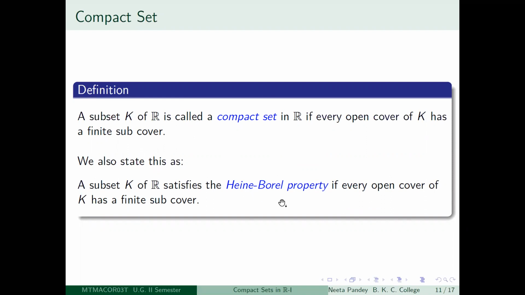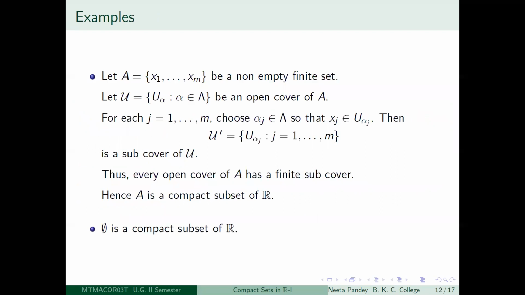The reason for this is the Heine-Borel theorem, which we will see in a subsequent lecture. But right now, let us just focus on this. So what am I trying to say? Whatever open cover of capital K you get, you will always be able to choose finitely many members of that open cover which will still cover K. This will always happen. If that is true for a set capital K, then the set is called compact. And this is going to be our focus in the next few lectures.